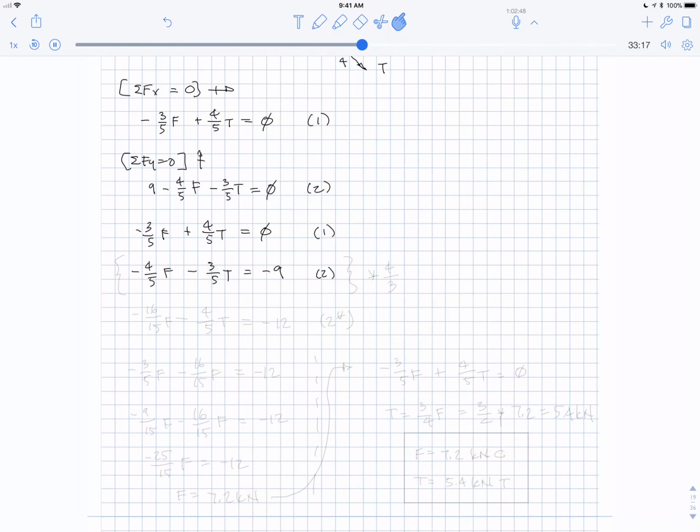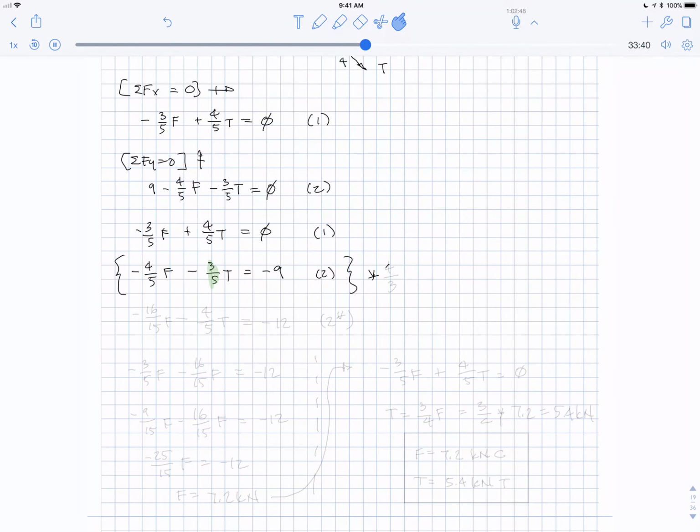What I want to do is turn this 3/5 here into 4/5. What I'm going to do is multiply this whole equation 2 times 4/3, because 4/3 times 3/5 will be 4/5.